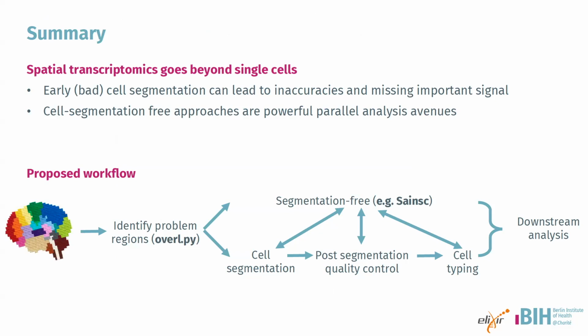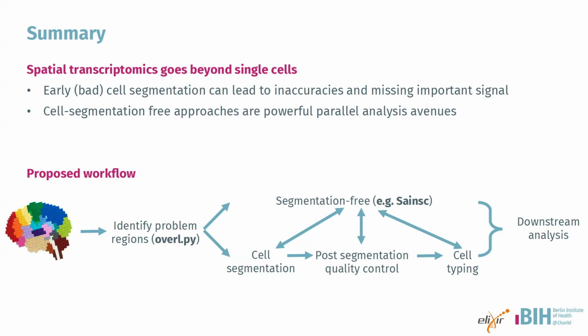All right, end of my talk. So the quick summary is bad cell segmentation can really ruin your downstream analysis. And cell segmentation-free approaches are really emerging as a new concept that should be run in parallel to cell segmentation-based analyses. And I've just put a little bit of a workflow of how you might want to go through this.